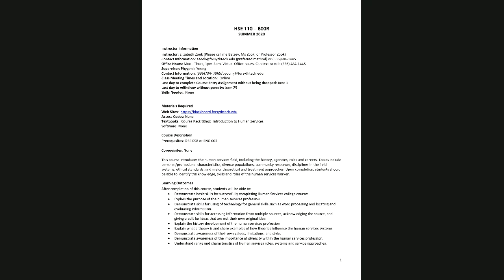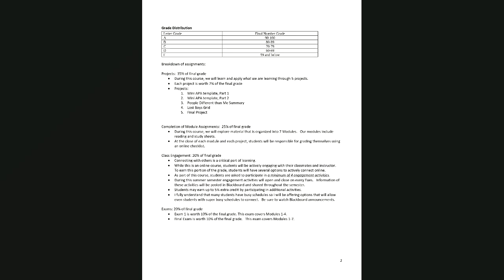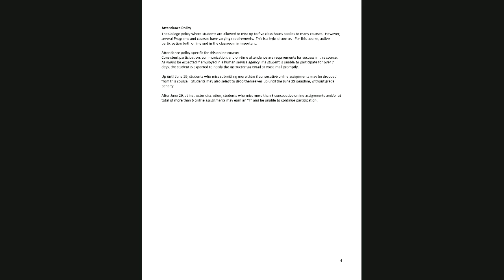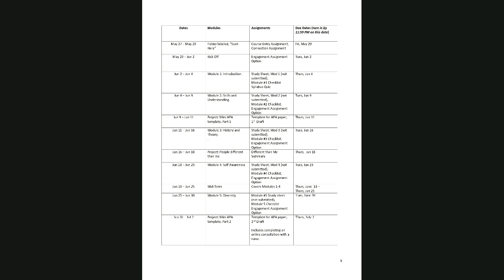There's always a course description that gives you in a couple sentences what it is. Another great place on a syllabus is you can go all the way to the end and see what the modules might be named and possibly the types of assignments we're going to be doing. So that's another way to get a flavor of a class.